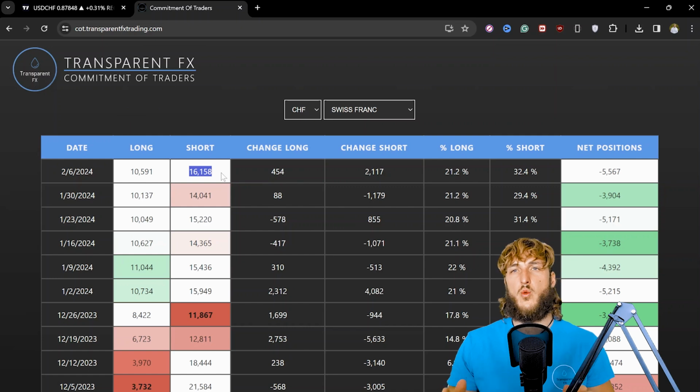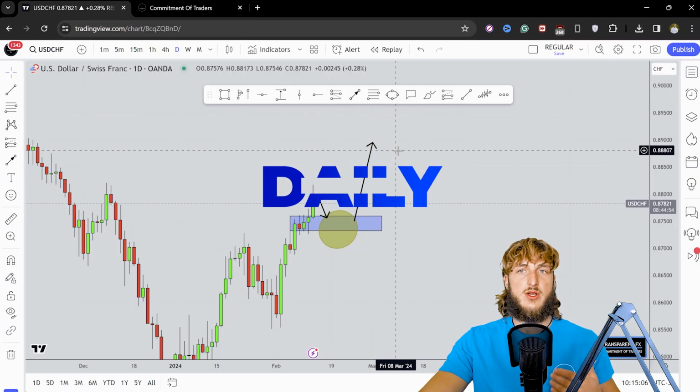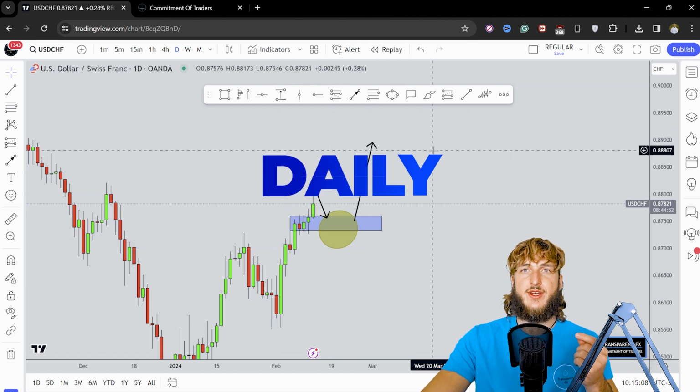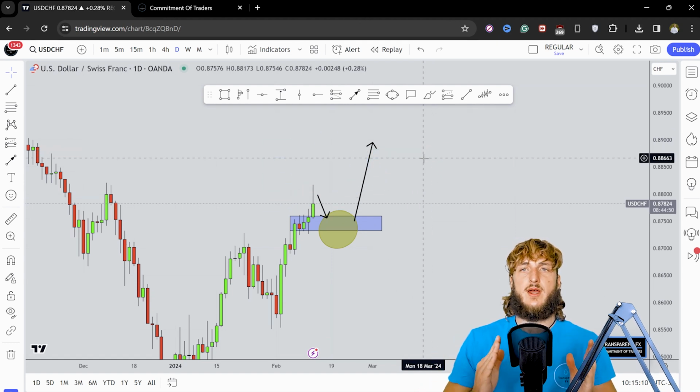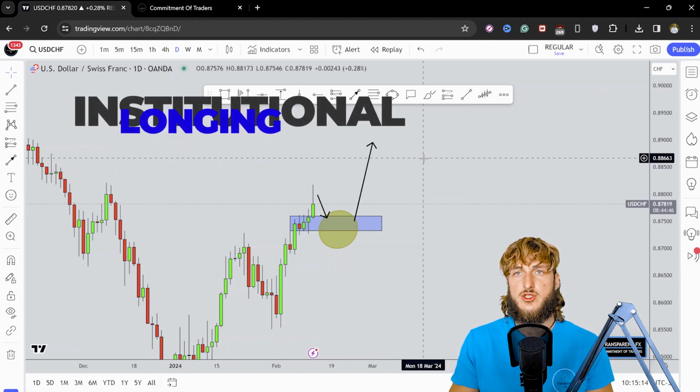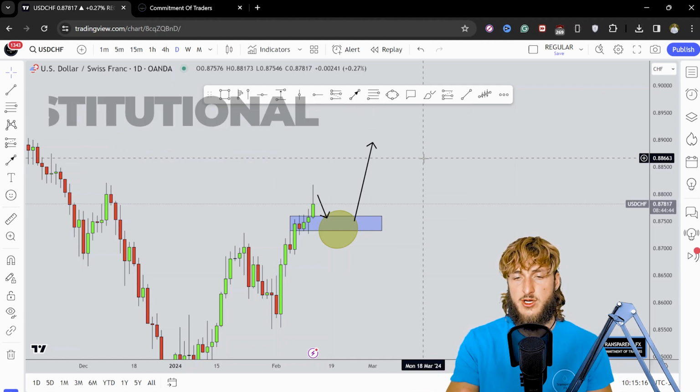So institutions once again are starting to short the CHF, and institutions shorting the CHF makes USDCHF stronger because essentially every currency on the spot is traded against the USD. So if institutions are shorting the CHF, they are actually longing USDCHF in order to short the CHF.